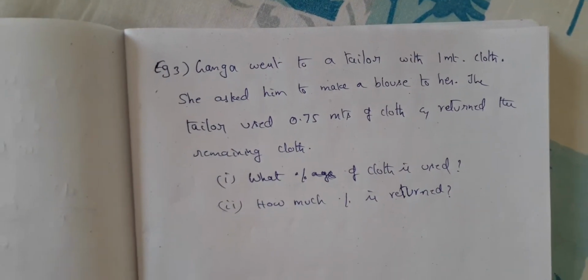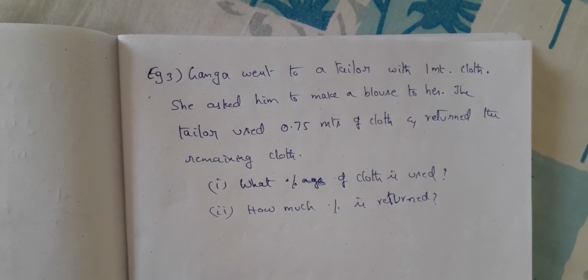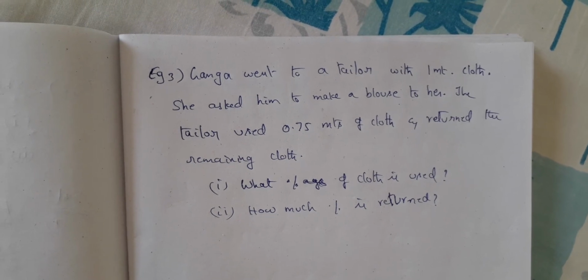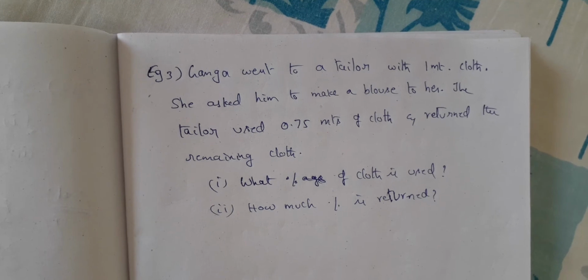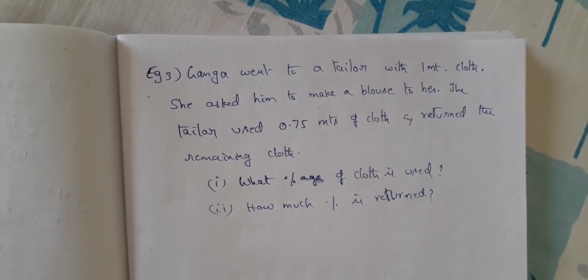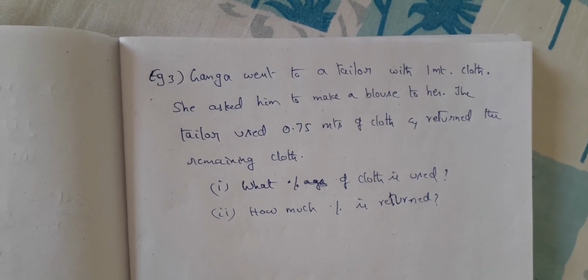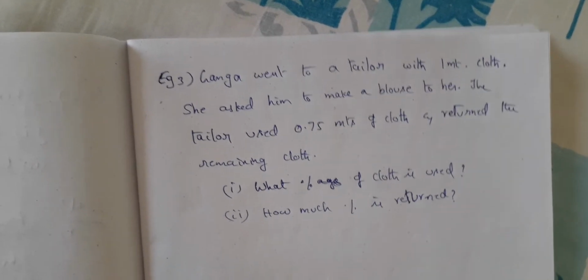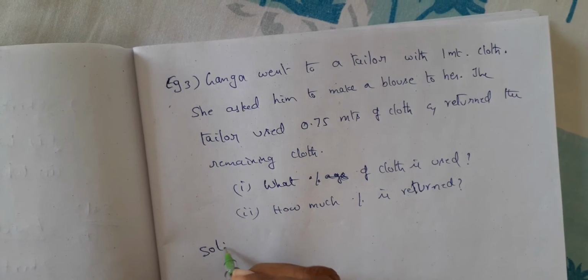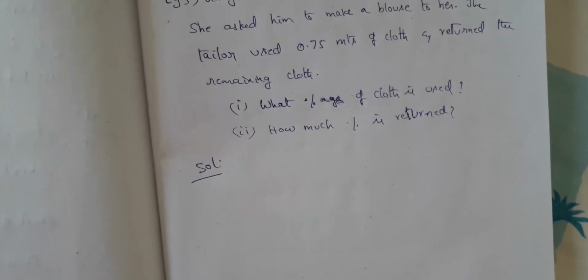Now the next problem. Ganga went to a tailor with 1 meter cloth. She asked him to make a blouse for her. The tailor used 0.75 meters of cloth and returned the remaining cloth. What percentage of cloth is used and how much percentage is returned? Very good. So now let us see how to solve it. We will do this one also in two forms.